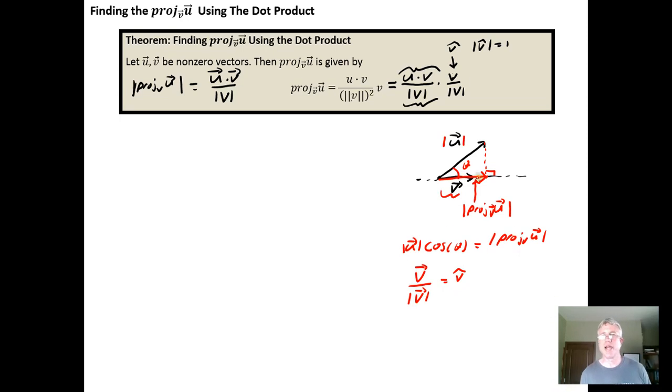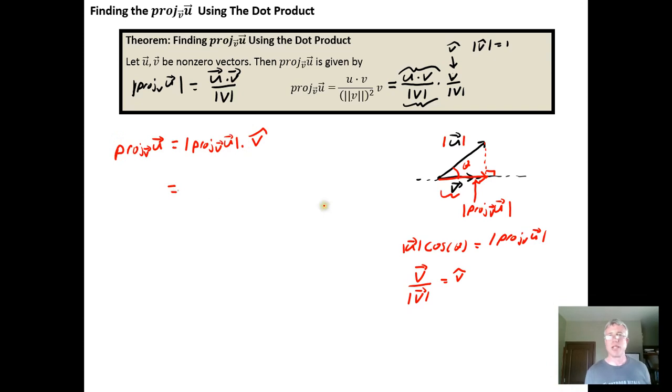So if we want to find the vector, the projection of u onto v, this would just be equal to the size of the projection vector times the unit vector in the correct direction.